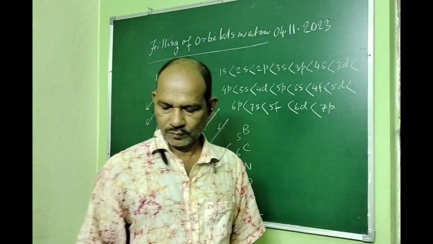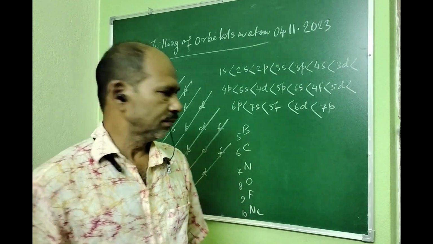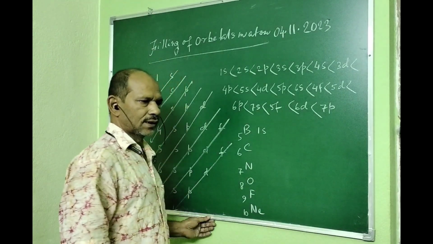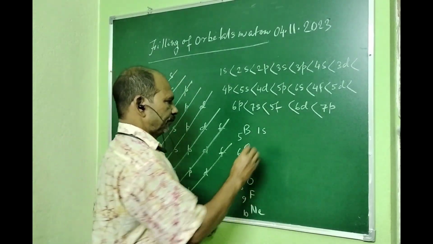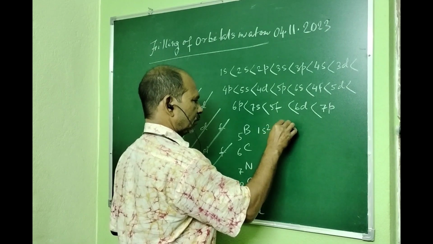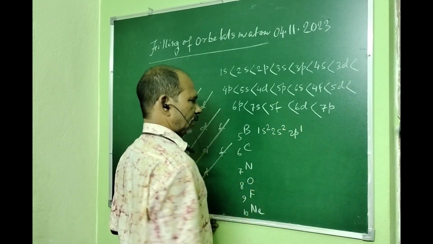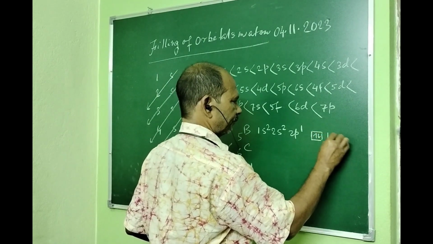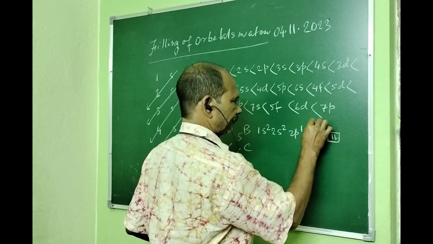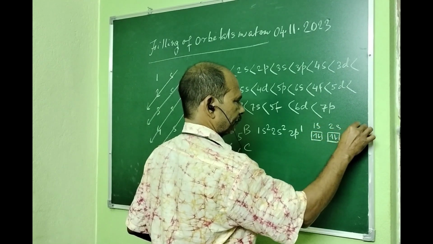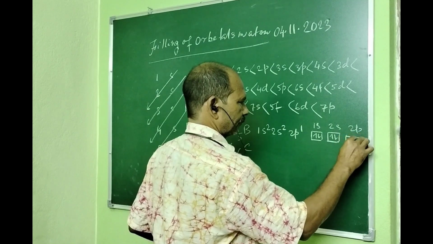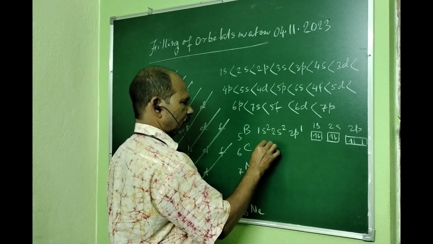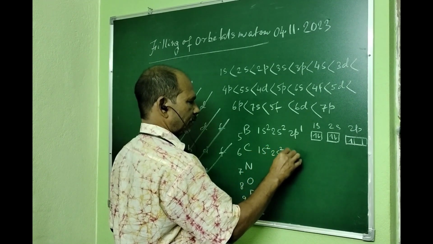For boron, atomic number is 5, so the electronic configuration will be, according to the Aufbau principle, Hund's rule and Pauli exclusion principle, 1s2, 2s2, 2p1. The box notation will be 1s, 2s. For carbon, it will be 1s2, 2s2, 2p2.